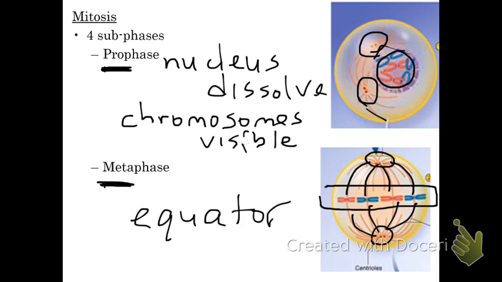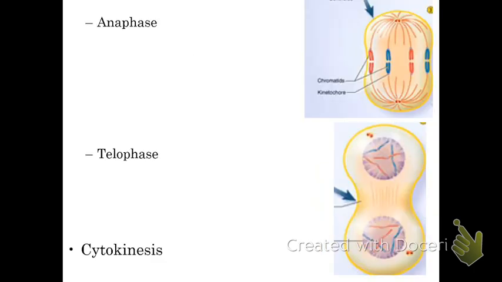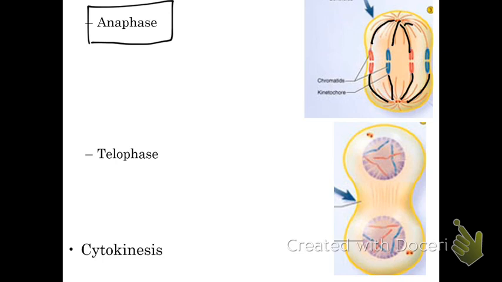So these are duplicated chromosomes, so that in the next phase, anaphase, the chromosomes are pulled apart, right? You see that as the cell begins to divide, it starts to pull. And these chromosomes have already been duplicated.